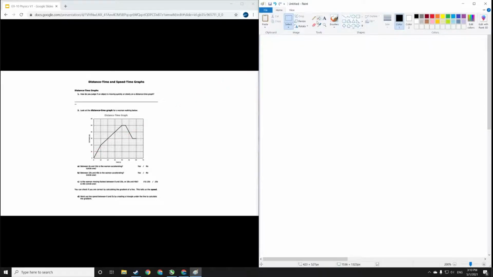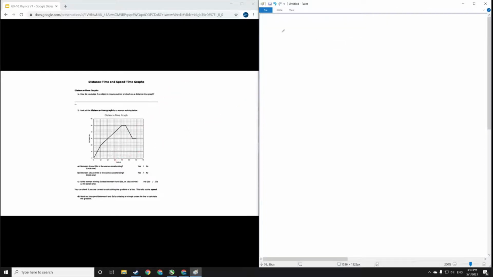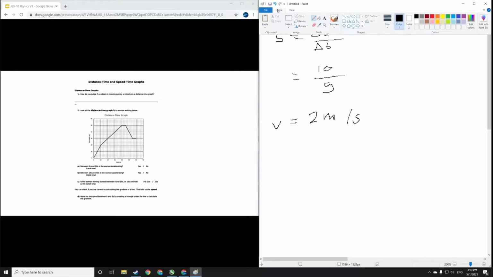And as we can see, it intersects this line at roughly distance of 10. Right? So our slope, as speed is change in distance over the change in time, and that is 10 over 5, and so our velocity is just 2 meters per second.